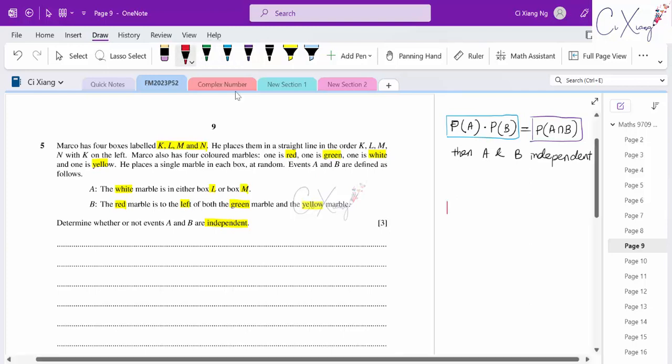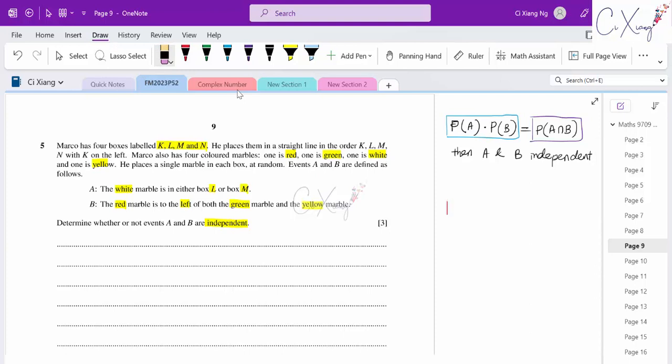If we have a look, we have the 4 boxes here. So maybe I put it like this: K, L, M, and N. Let us talk about event A first.